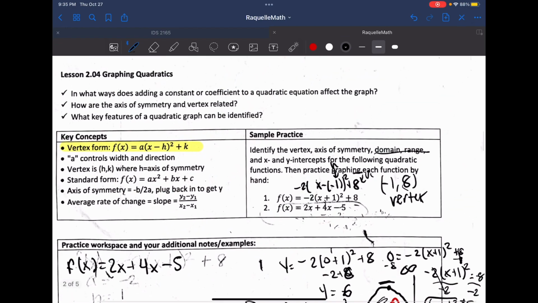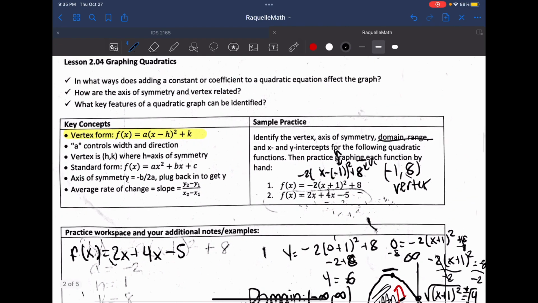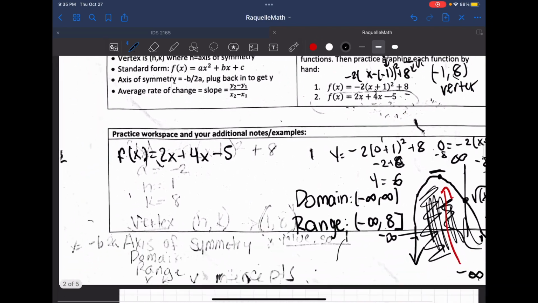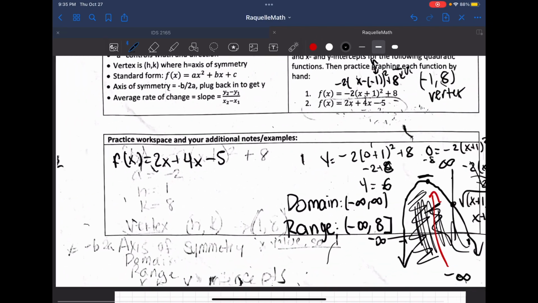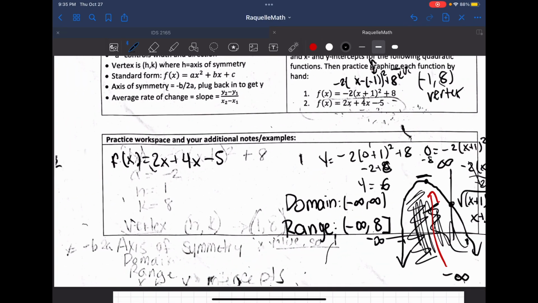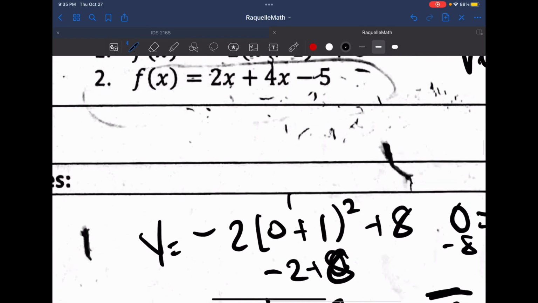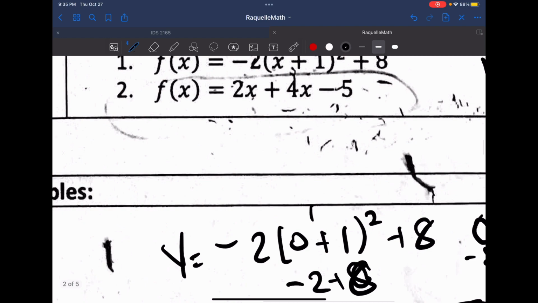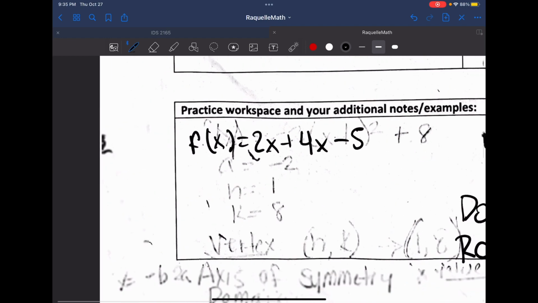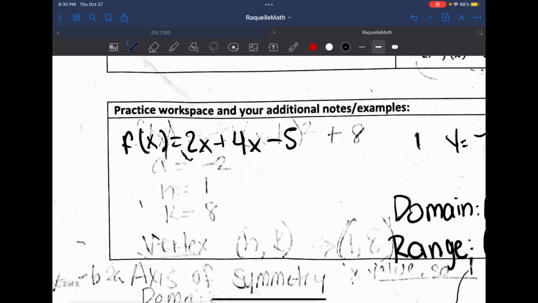Okay, so part 2 of 2.04 graphing quadratics, this equation right here. Now, it's hard to read a little bit, but it looks like there's no squared. So this automatically means that there can't be a vertex. I have my retainer in right now, so everything sounds funny, but no vertex.